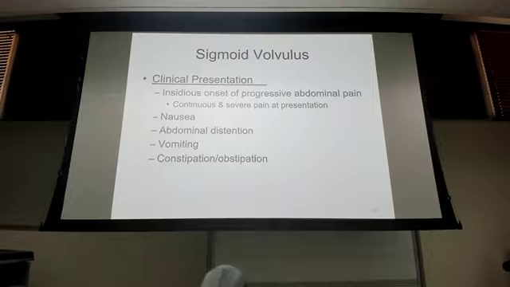Kind of the same concept, different part of the GI tract. The patient's nauseous, they have abdominal distension, they have vomiting because they have a mechanical obstruction, and the products of digestion are not moving through their large intestine. In sigmoid volvulus, it's getting down to the sigmoid colon and not passing go at that point where there's a volvulus or twisting of the large intestine.